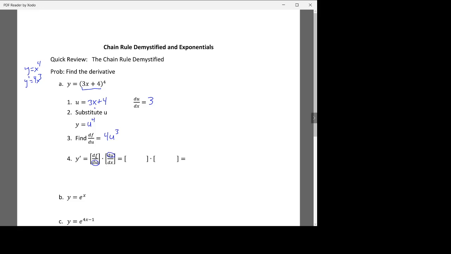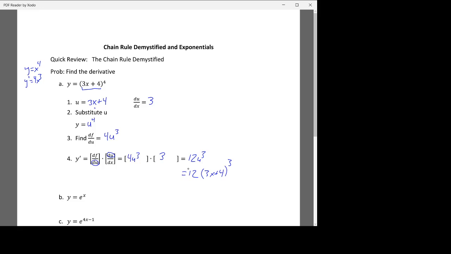So when you take the dy with respect to u, that was this 4u cubed, and then times the du dx, that was the derivative of the 3x plus 4 with respect to x, so that was the 3. And then the 3 and the 4 can be multiplied together, 12u cubed, and then we unsubstitute. Remember, u is another way to write 3x plus 4.